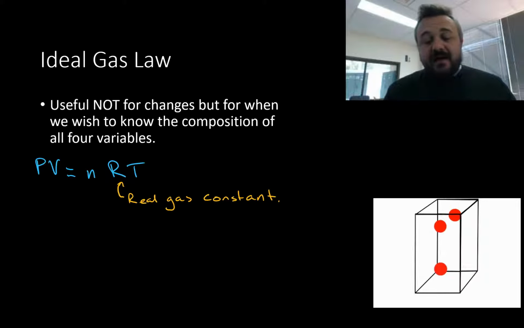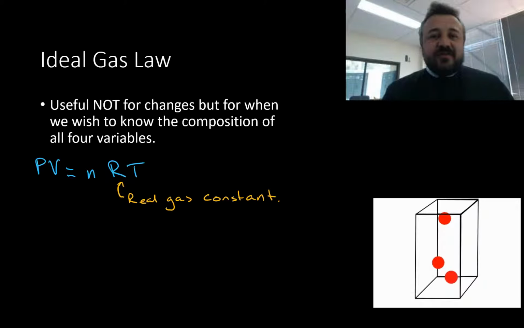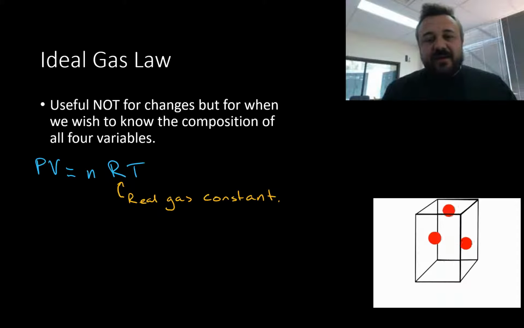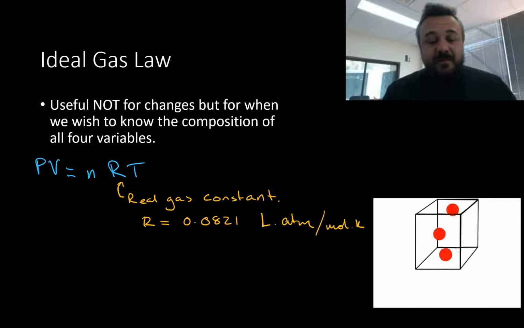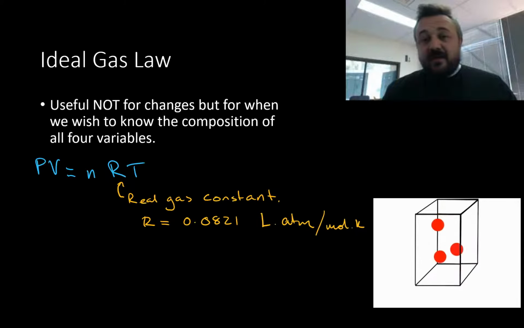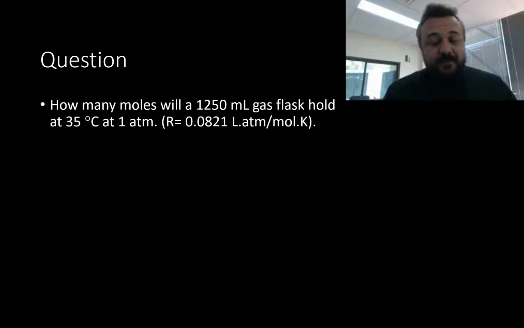Now, R is the gas constant. It's a number which just makes it so that all of our calculations make sense in the real world. And R in this case equals 0.0821 liters times atmosphere per mole Kelvin. That changes depending on what units you're using for gases, because there are various ones, but here we've used what we call the absolute measures.